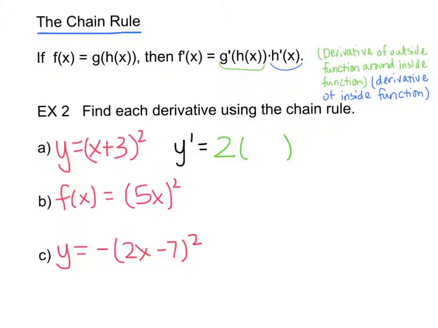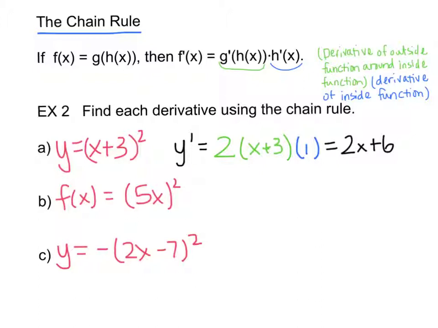And then my inside function remains the same. And then I would multiply that by the derivative of my inside function, x plus 3. But the derivative of x plus 3 is just 1. And if I multiply that out and simplify, I get 2x plus 6. And if you recall, that's what we got when we took that derivative originally.